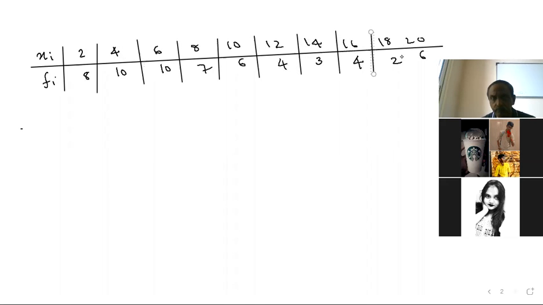Make columns: xi, then fi, then xi fi, then xi square fi.